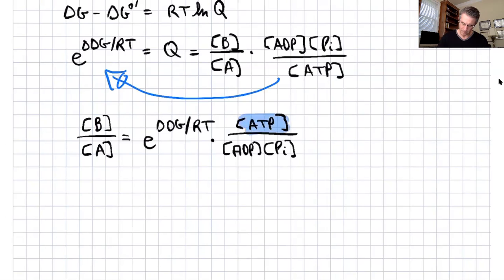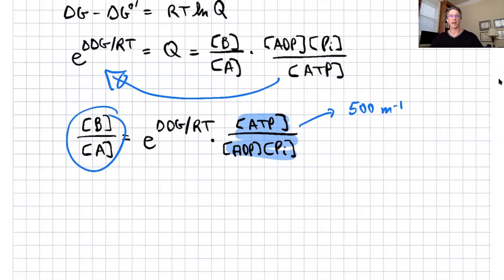It turns out that cells work very, very hard to maintain that ATP to ADP ratio somewhere in the range of 500 molar to the minus 1, which means that under cellular conditions, with cells working very hard to maintain this ratio, we get almost another 3 orders of magnitude enhancement to driving this unfavorable reaction from A to B. Cells don't maintain their ATP-ADP ratio at equilibrium.